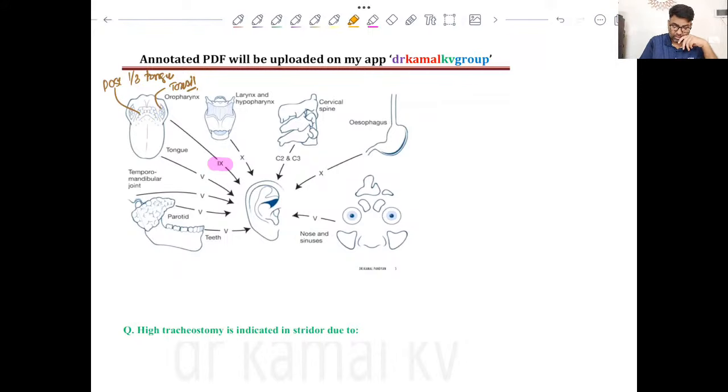Then larynx, through the laryngeal branch of the vagus nerve. Then the fifth nerve: it can be the anterior 2/3 of tongue, temporomandibular joint, then teeth, of course. So this is all for the fifth nerve, right? And then the 10th nerve can also cause it, like if there is GERD.